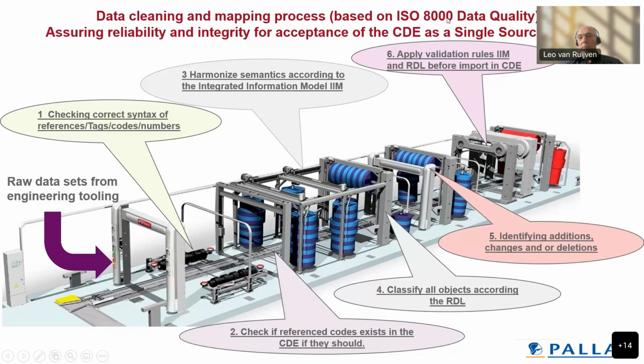This is also based on the ISO 8000 data quality standard, which is quite an important standard for us. It ends up in cleaned and signed named graphs representing the data sets, which are also stored in the CDE, so we can roll back the whole common data environment to whatever was imported into it.